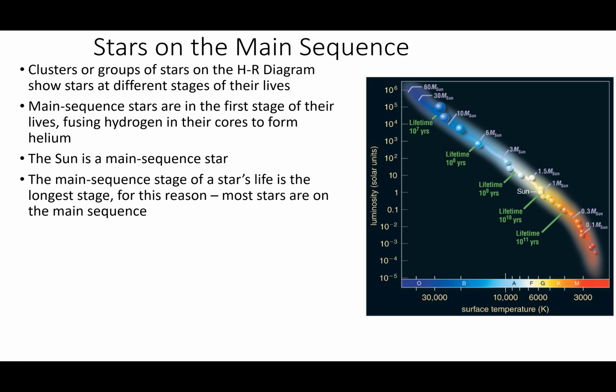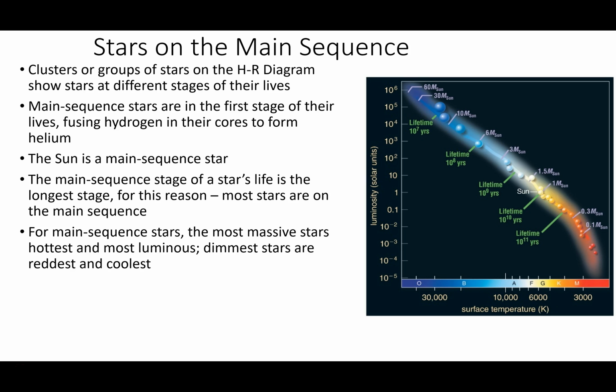What else do we have? For main sequence stars, the most massive stars are hottest and most luminous. Actually, that's consistent with the last slide we ended with in the previous part. For main sequence stars, if this is my little diagonal, which one's more massive, upper left or lower right?